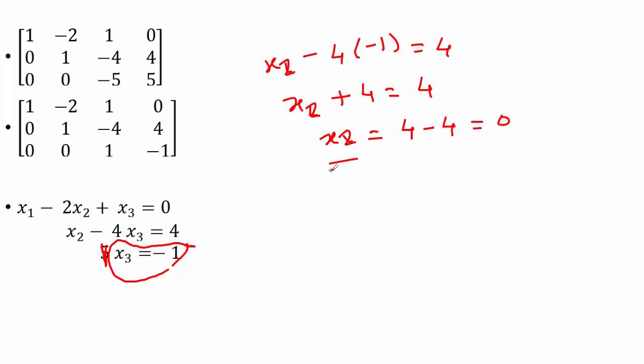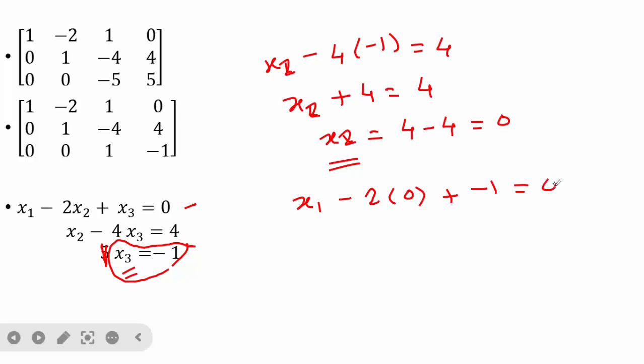Now you get x2, you know x3, and if we put these two values in first equation, this equation, you will get x1. x1 minus 2 into x2, 0, plus x3 minus 1 equal to 0.